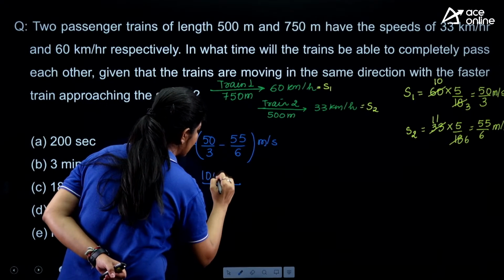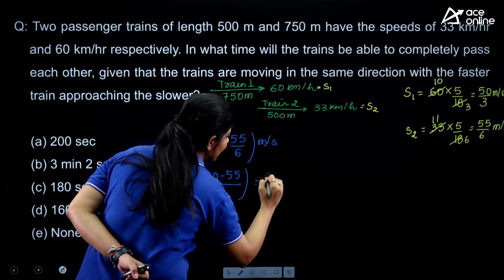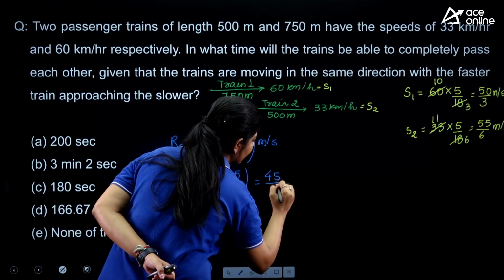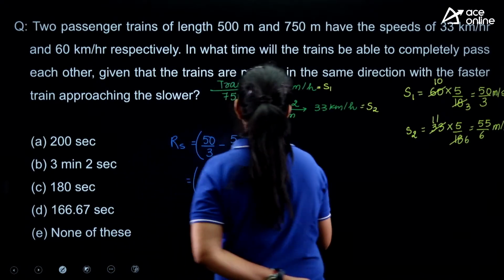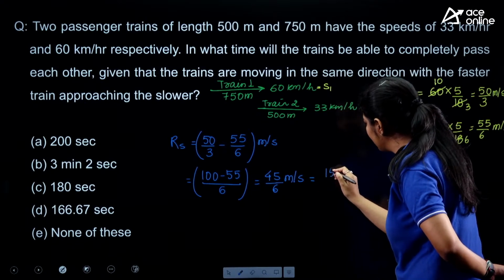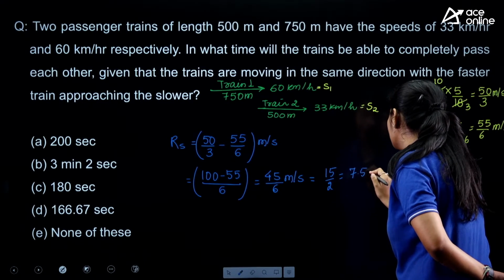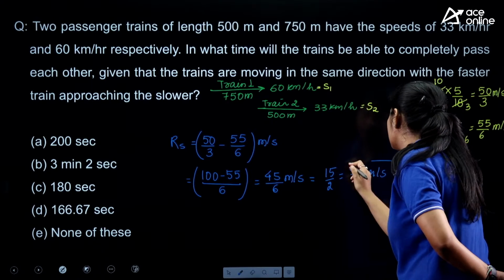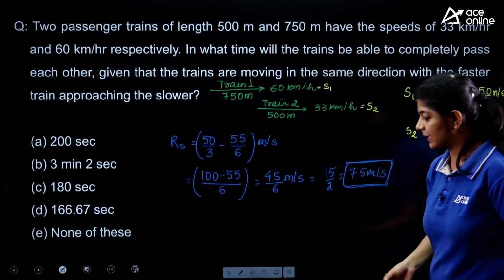Here we are getting 100 minus 55. And ultimately we are getting 45 by 6 meters per second. Or you can also simplify this with the help of 3 and write it as 15 by 2, or you can write 7.5 meters per second. Here the relative speed that you got is 7.5 meter per second.